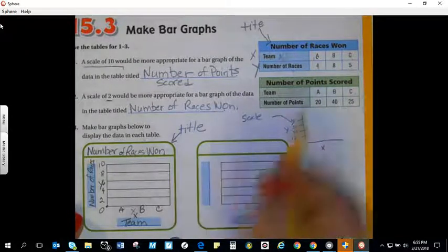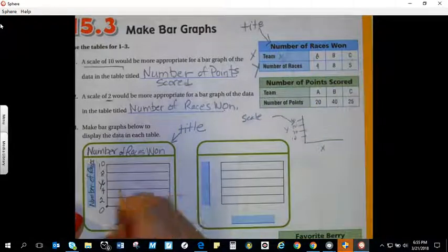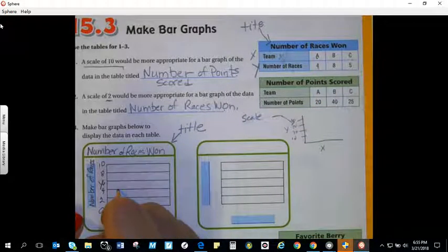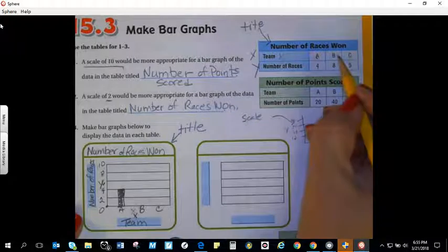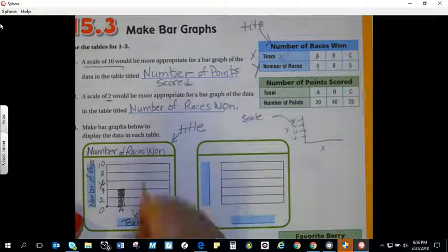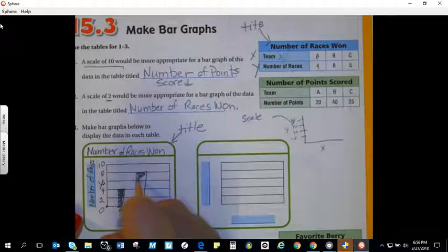So my first one for A, I won 4 races. And so I'm going to draw this here and shade in. Let's look at B. I won 8 races, and I'm going to bring it all the way up to my 8. And I'm going to bring this down here, shade this in.